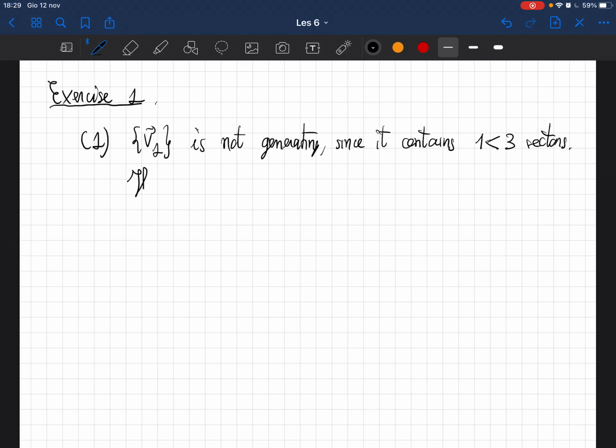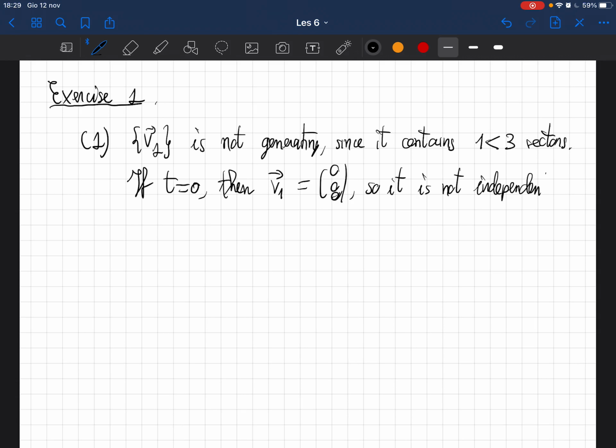So if t is equal to 0, then v1 is the 0 vector, so it is not independent. But if t is different from 0, then v1 is independent.